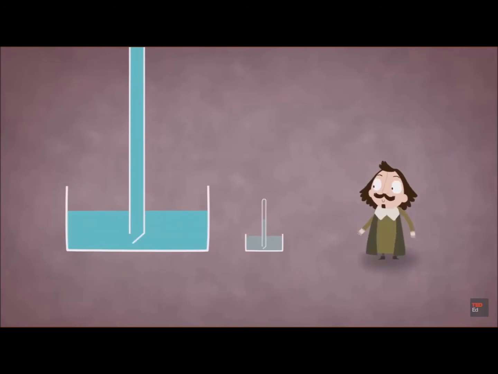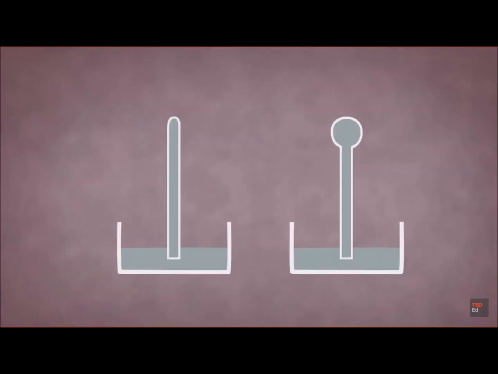Not only did this allow Torricelli to make the instrument much more compact, it supported his idea that weight was the deciding factor. A variation on the experiment used two tubes, with one having a large bubble at the top. If Galileo's interpretation had been correct, the bigger vacuum in the second tube should have exerted more suction and lifted the mercury higher, but the level in both tubes was the same.